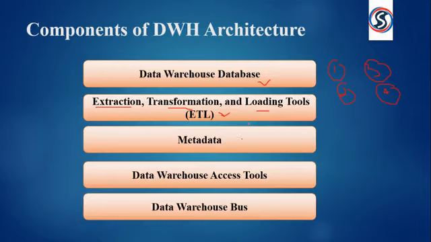Fine. Now, coming to the third one, that is the metadata. In a typical data warehouse architecture, the metadata describes the database and offers a framework for the data. It helps in constructing, preserving, handling and making use of the data warehouse. Fine. Fourth, we have the data warehouse access tool. Data warehouses use a database or a group of databases as the foundation.